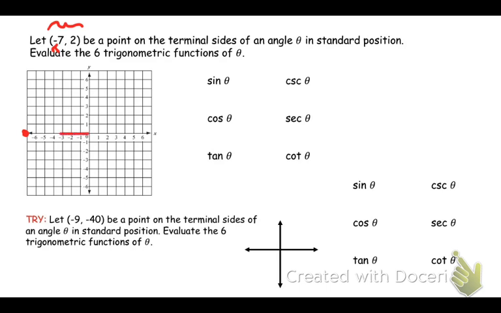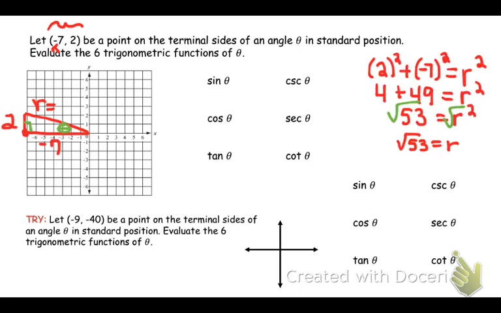And remember, we're coming off the origin because that angle is theta. So our triangle is going to look something like this. In this instance, we were not given the hypotenuse or the radius r. So over on the right, I used my Pythagorean theorem and found out that r is equal to square root of 53.